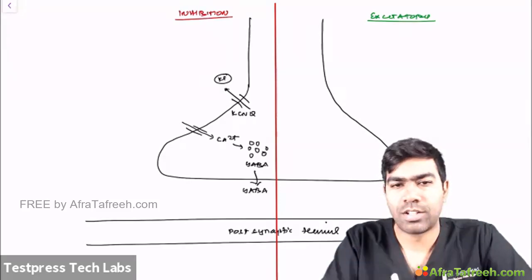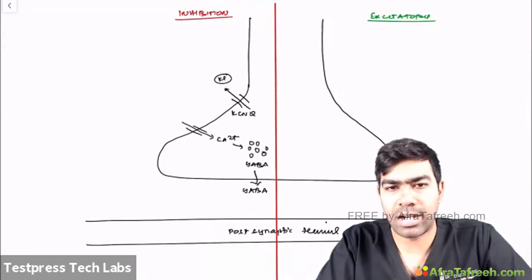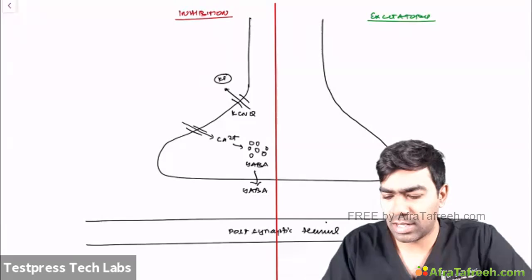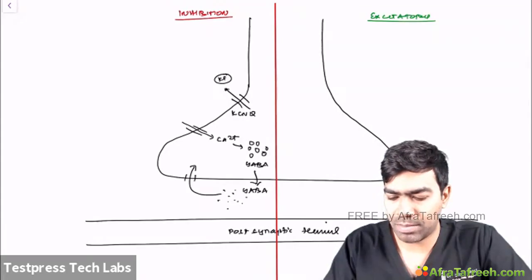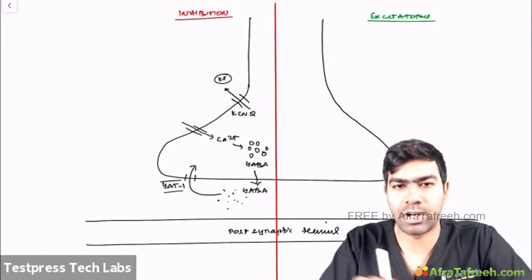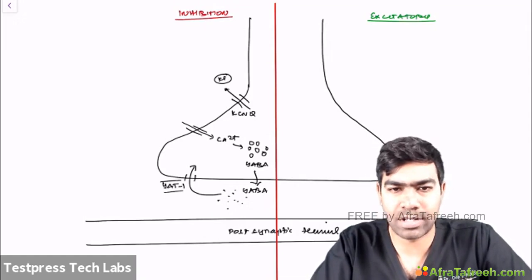Clear? So this is one way to increase the GABA. At the same time, this GABA that is released into the synaptic terminal can be taken up back by a reuptake transporter called GABA transporter, or GAT1, which is also a very important target for certain drugs, which we'll be discussing in some time.